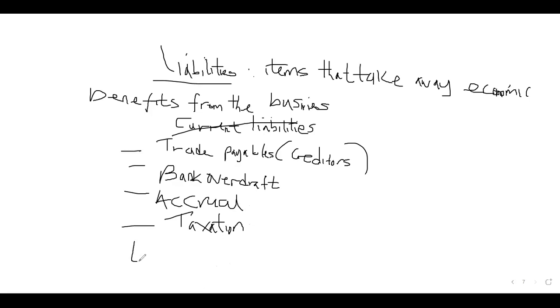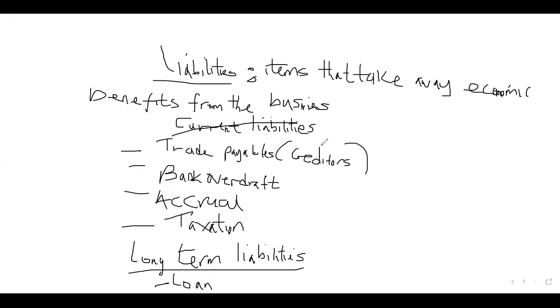Then we have long-term liabilities. Under long-term liabilities, we have a loan as a long-term liability. That's the major one as we look at these long-term liabilities. So items that take away economic benefits from the business are called liabilities. We can have long-term liabilities and current liabilities.